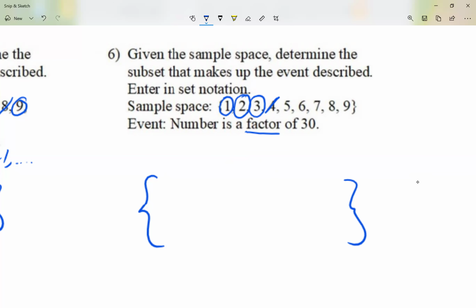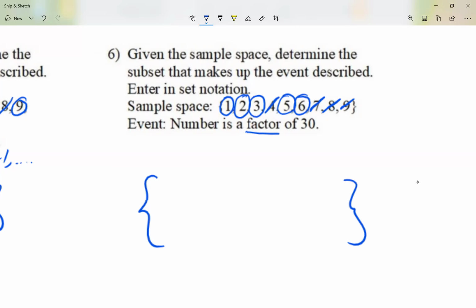Can I go 30 divided by 5? Yeah, that gives me a whole number. 30 divided by 6 gives me a whole number. Now 30 divided by 7 gives me a decimal, so it's not a factor. 30 divided by 8 gives me a decimal, so it's not a factor. 30 divided by 9 gives me a decimal as well.